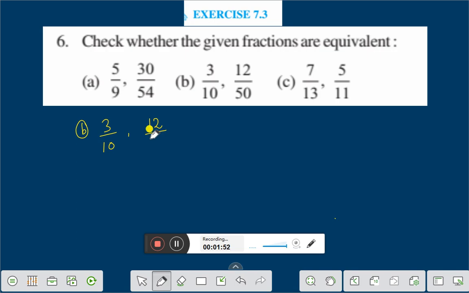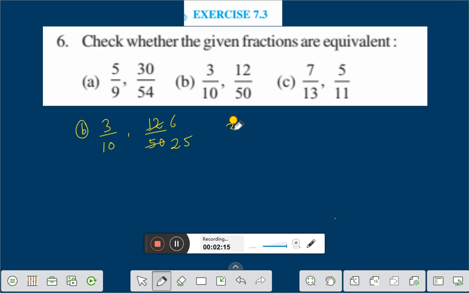If you reduce 12 by 50 into the lowest term, then by cutting 2, 2 6s are 12, 2 25s are 50, we get 6 by 25.